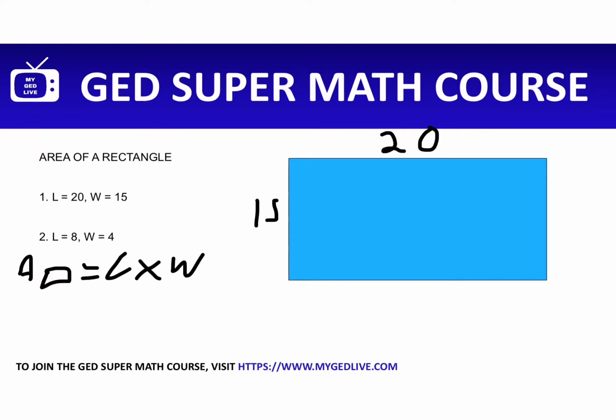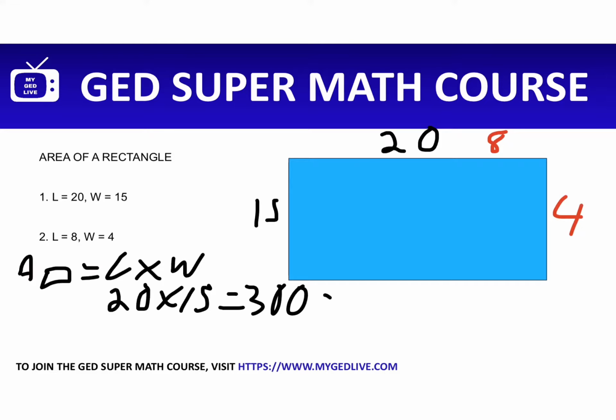Now let me choose a different color for number 2. The length is 8 and the width is 4. So again, length times width, 8 times 4 is 32. So the area of that rectangle would be 32. For the first one, we'd be looking at length times width of 20 times 15, which gives us 300 square feet.